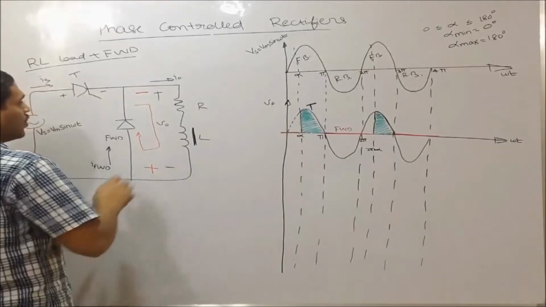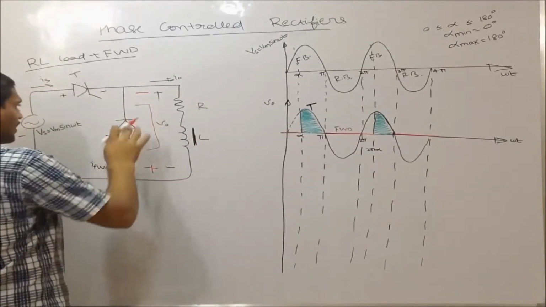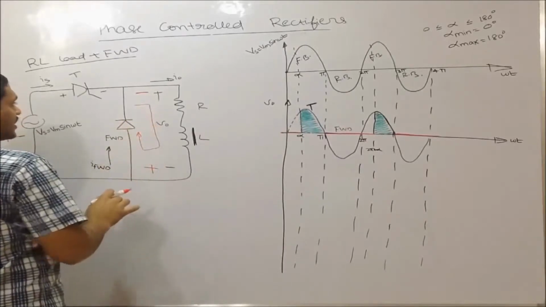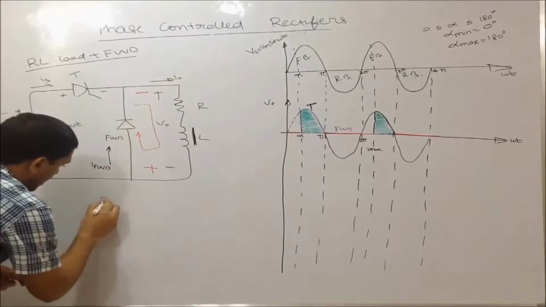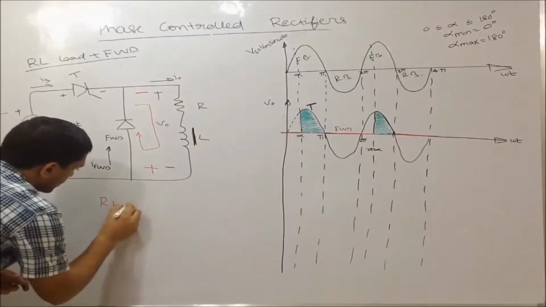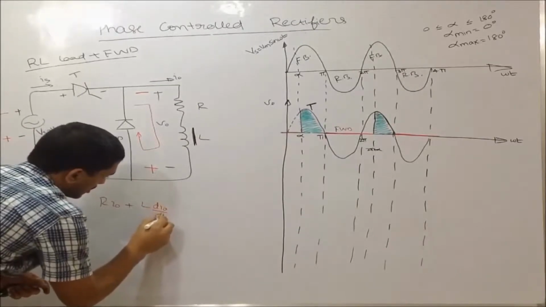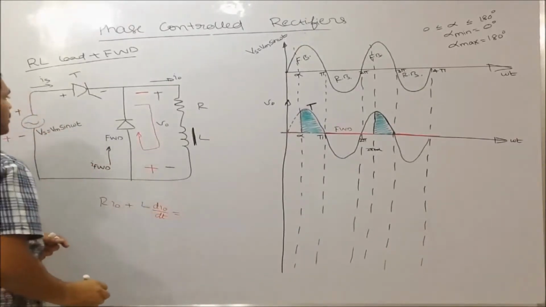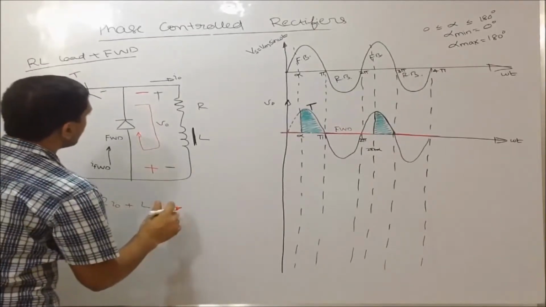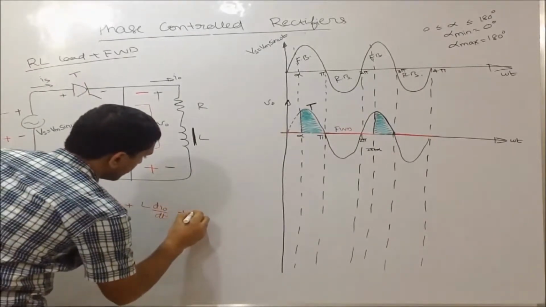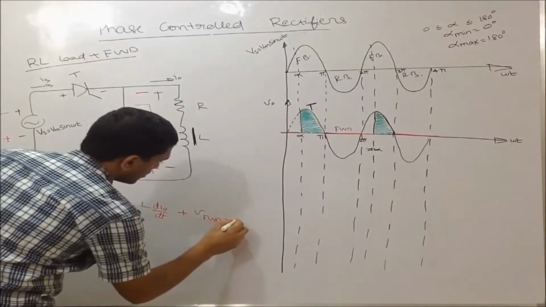Now, you apply the KVL in this circuit. That is the current through the resistor plus L into di naught by dt plus voltage across freewheeling diode equal to 0.